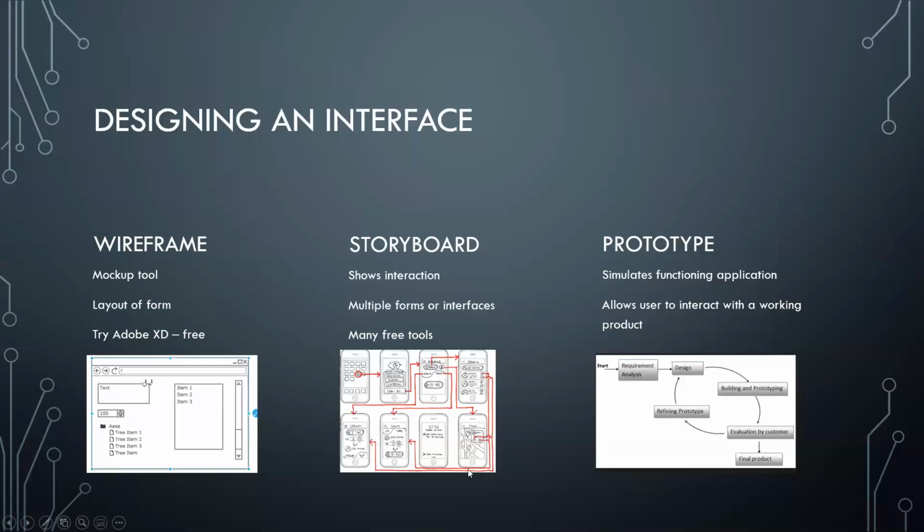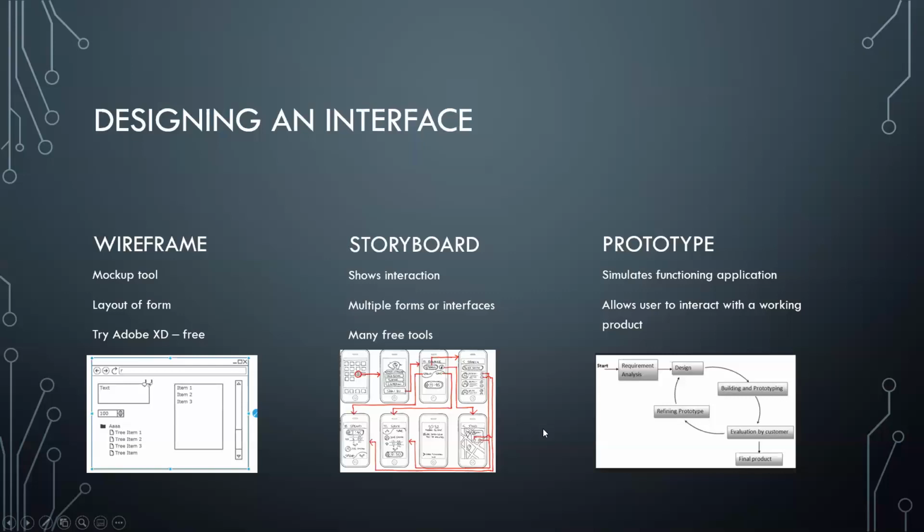So you can see with the storyboard that this mobile app is a little bit more complicated, to say the least, than this individual form. So it requires a little bit more information to be communicated in the picture. Again, there's a lot of free tools with Adobe XD. I think they give you the capability to do some storyboarding.